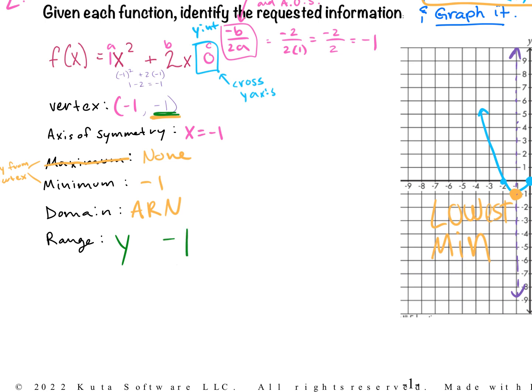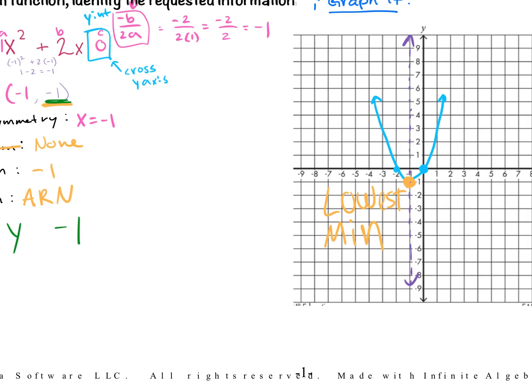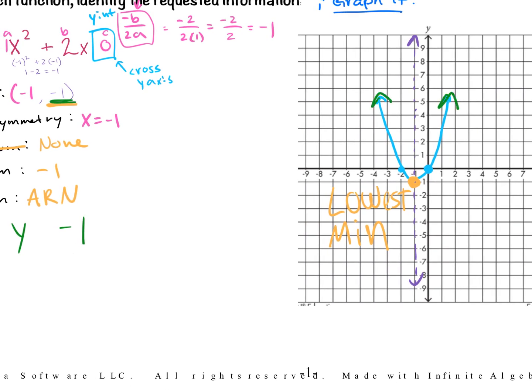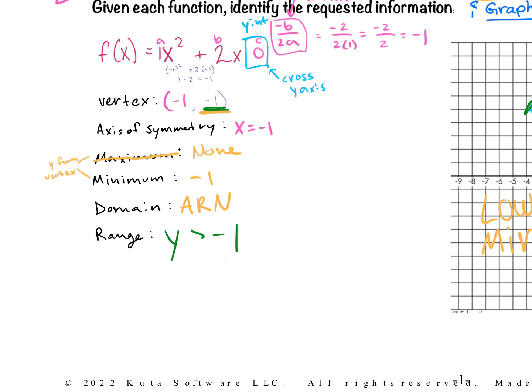So since our graph is pointing up, do we think y is greater than or equal to -1 or less than or equal to -1? Greater than, because we're talking about y values that are greater than. These are going up to numbers that are bigger. So greater than or equal to -1. It's always going to have that or equal to. You just need to figure out if it's going to be greater than or less than. But it'll always be equal to also.